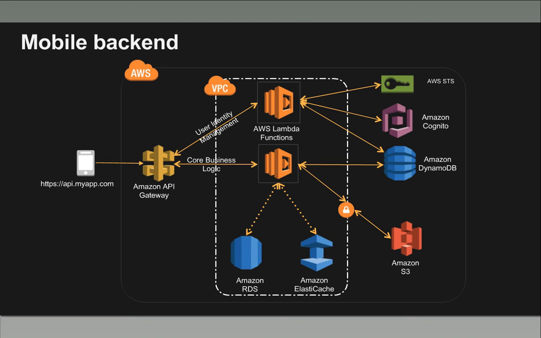This is a very common pattern that you see customers embracing with serverless technologies, where you don't have to manage the network or the servers or the underlying infrastructure that is assumed as part of running that infrastructure. And you're using highly scalable and 100% managed services like RDS, ElastiCache, and DynamoDB.